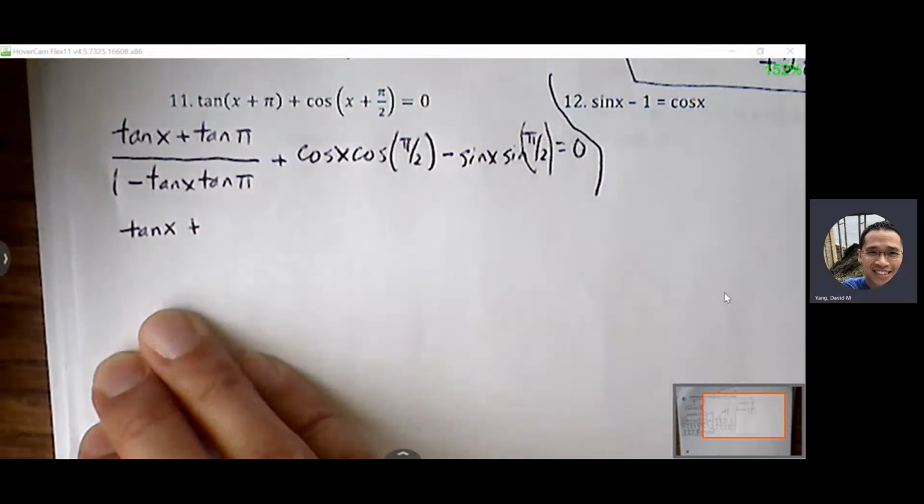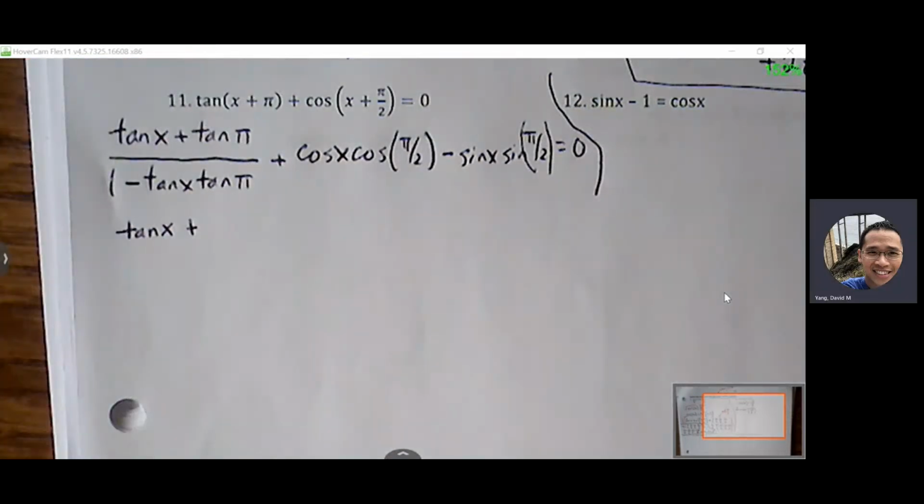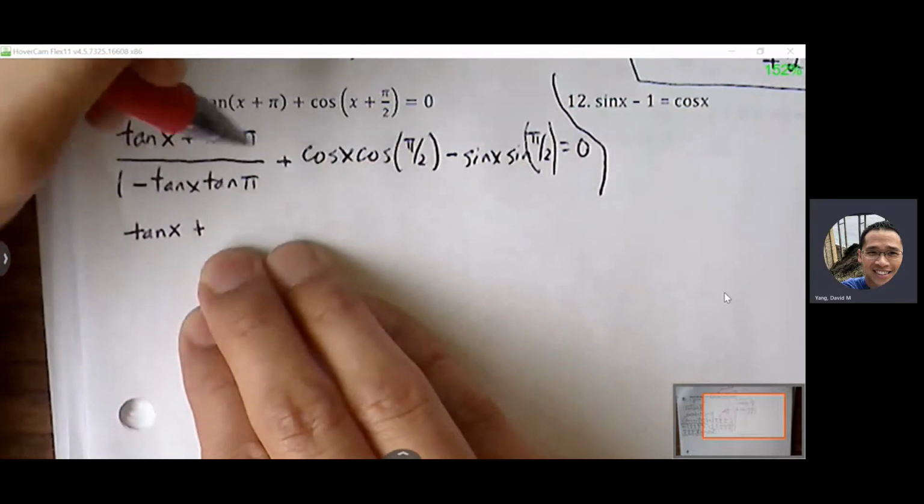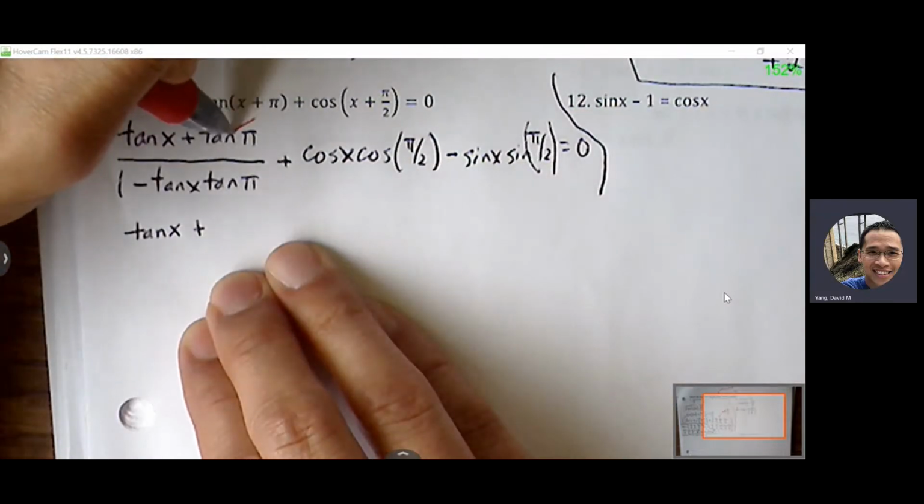Okay, what's tangent of pi? Just 0, right? So that's going to wipe out a bunch of terms for us.